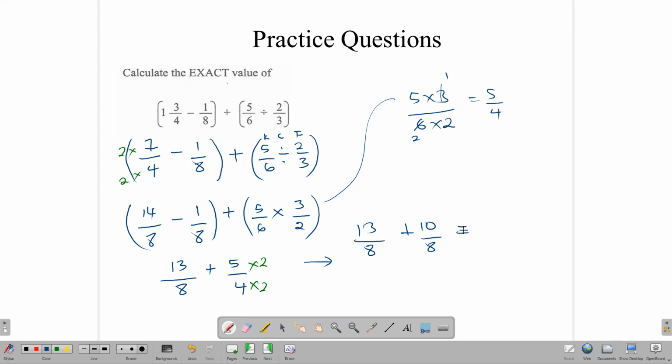And adding these gives us 23 over 8. And we can rewrite this as a mixed number. It's almost 24, yes. So we have 2 8s that are 16 and then 7 remainder. So this is your answer as well.